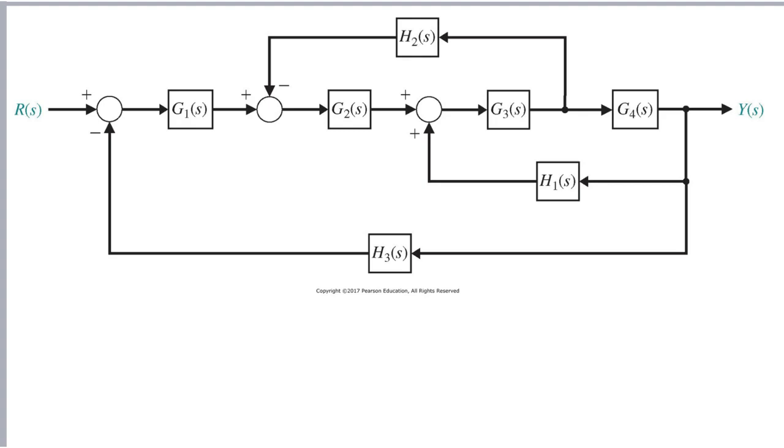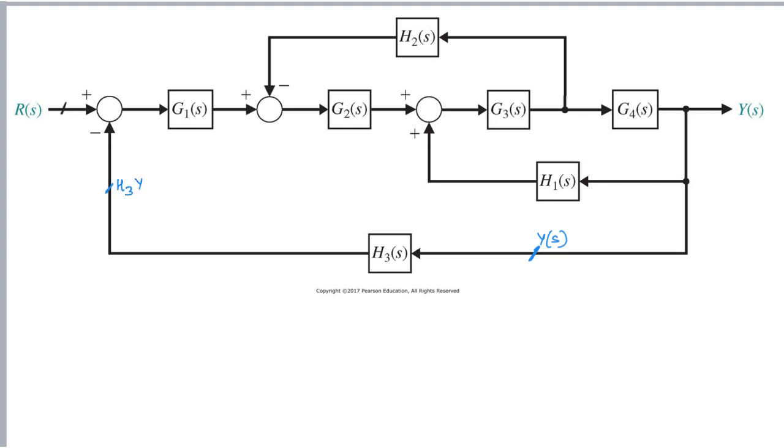As I said before, whenever you want to reduce a block diagram, we start from the left hand side. So the signal at this point is R(s), right? And what's the signal at this point? That is determined by the signal at this point, which is Y(s). So the signal at this point is going to be H3Y.